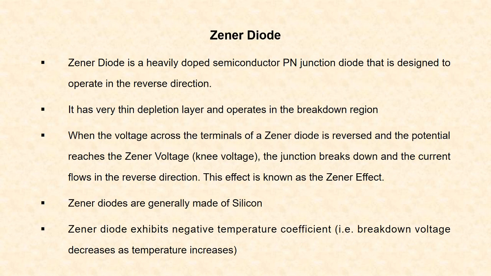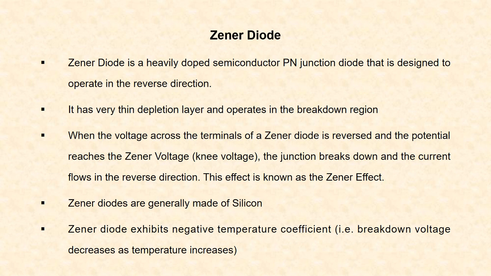Now we will see about Zener diode. Zener diode is a heavily doped semiconductor PN junction diode that is designed to operate in reverse direction. It has a very thin depletion layer and it operates in the breakdown region. When the voltage across the terminals of a Zener diode is reversed and the potential reaches the Zener voltage, that is the knee voltage, the PN junction breaks down and the current flows in the reverse direction.